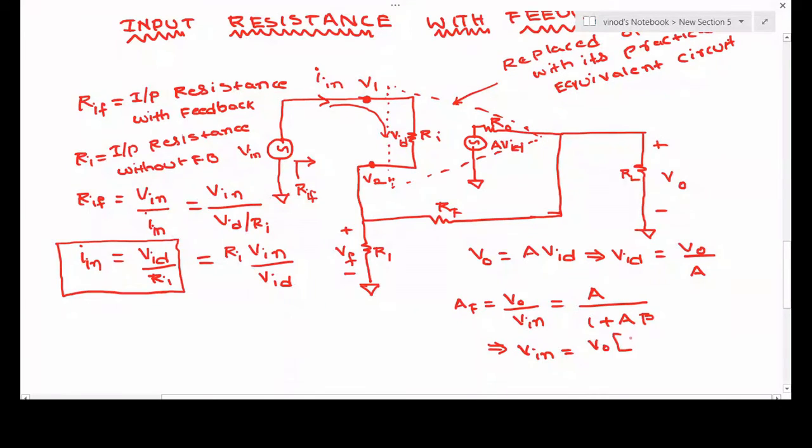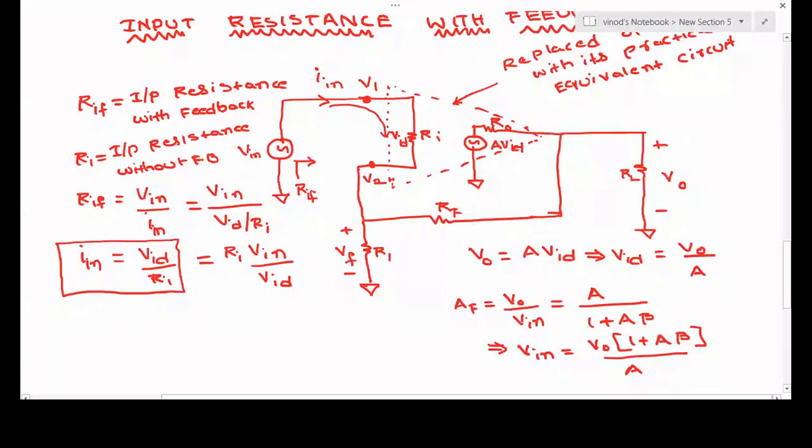So from the closed loop gain expression, V naught by VIN is equal to A by 1 plus A beta, and VIN is V naught into 1 plus A beta by A. From the open loop voltage gain, VID is V naught by A. Simply substitute these expressions to get the input resistance with feedback.